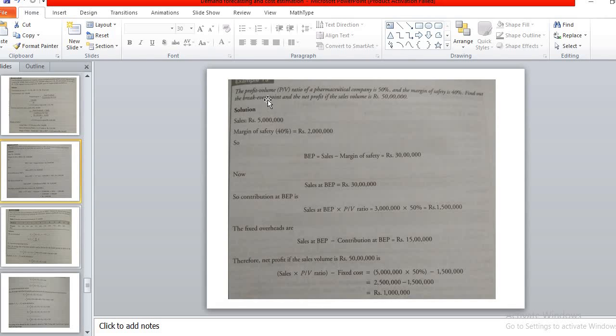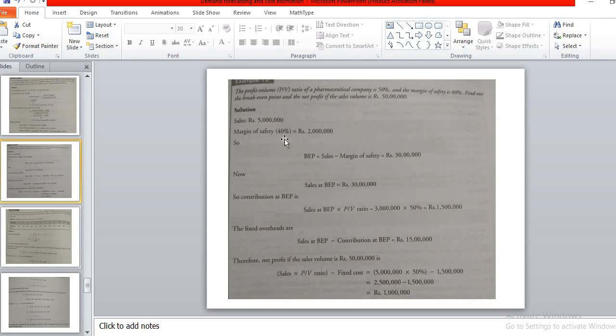Here in this example, the profit volume ratio is given for a pharmaceutical company as 50% and margin of safety as 40%. They asked to find out the break-even point and the net profit if the sale volume is 50 lakh. Sale value is given as 50 lakh.